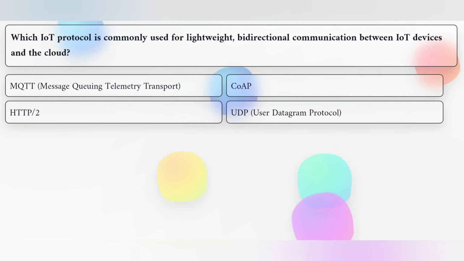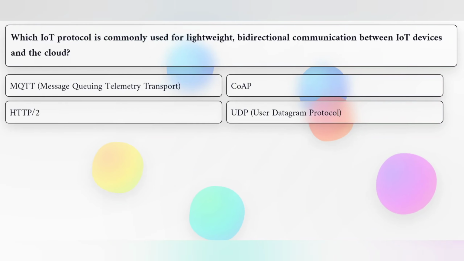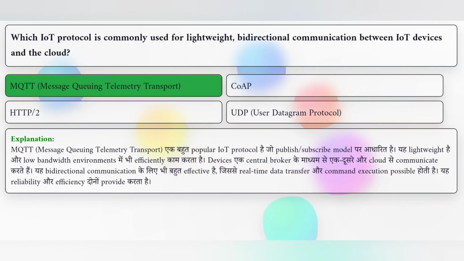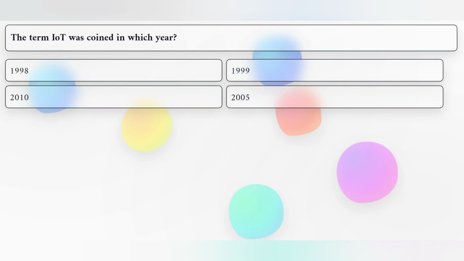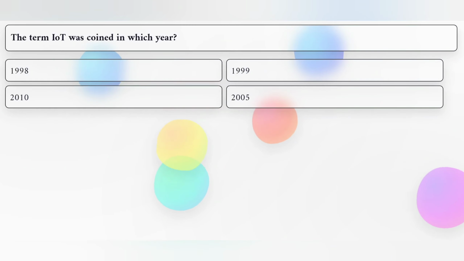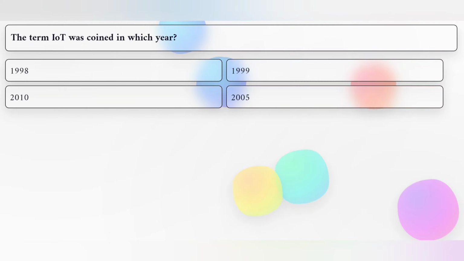MQTT, Message Queuing Telemetry Transport, CoAP, HTTP/2, UDP, User Datagram Protocol. The term IoT was coined in which year? 1998, 1999, 2010, 2005.